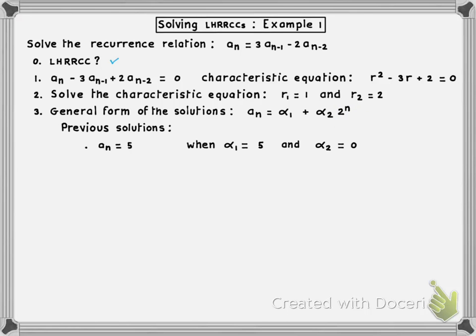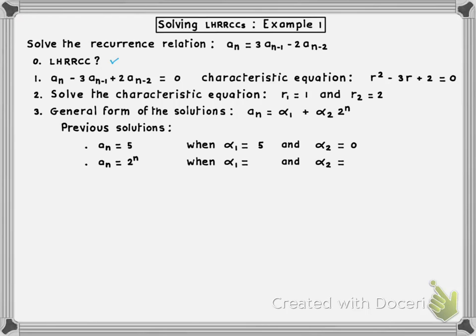So this is a particular solution sequence to this recurrence relation because you pick two particular values for alpha 1 and alpha 2. Now remember that we found another solution to this recurrence relation earlier, namely this one, 2 to the power n. So why don't you go ahead and find the specific values of alpha 1 and alpha 2 that produce this unique solution starting from this general form.